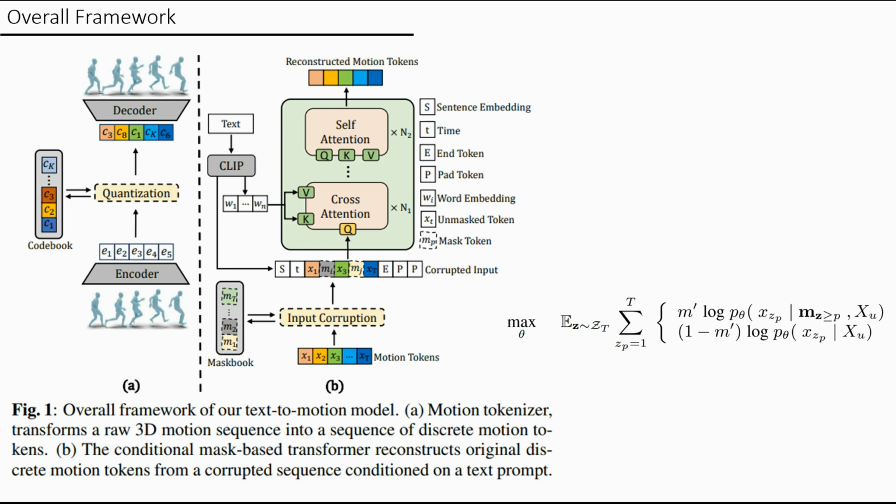Then in the second stage, we train a transformer, and this transformer has to learn these discrete tokens. At the beginning of the second stage, we have our original motion tokens, and we first corrupt our original motion sequence using multiple mask tokens from our mask book and the permutation operation.